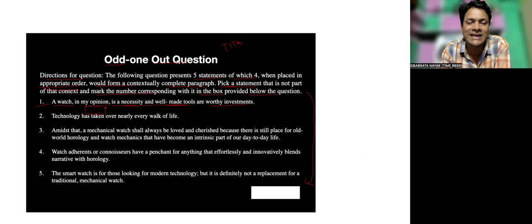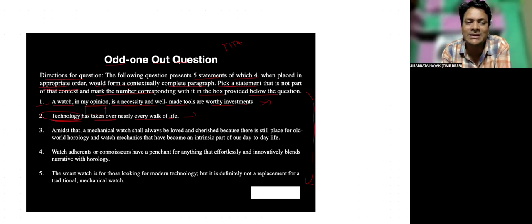Now look at the second statement. The second statement stated technology has taken over nearly every walk of life. Now this one is a kind of generic statement. Why do we say that? Because it states how technology makes an impact or influence on each and everyone's life, isn't it?